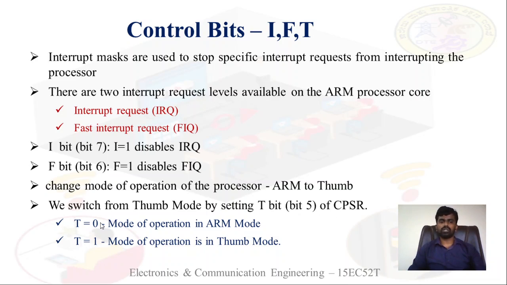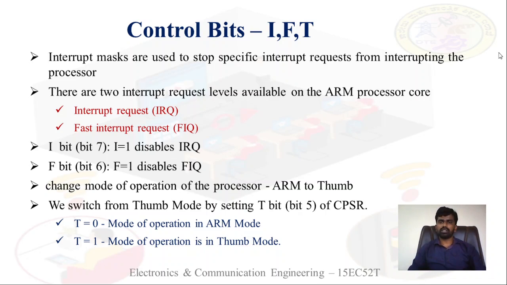If T is equal to 0, the mode of operation is ARM mode. If T is equal to 1, the mode of operation is Thumb mode. These two different modes, ARM and Thumb, are controlled by bit number 5, that is the T bit. So this is about the control field of the CPSR.